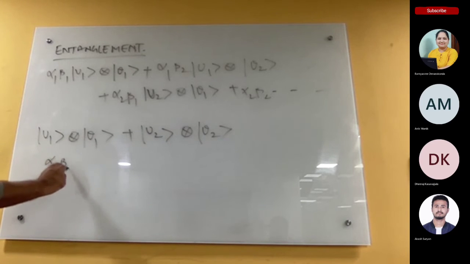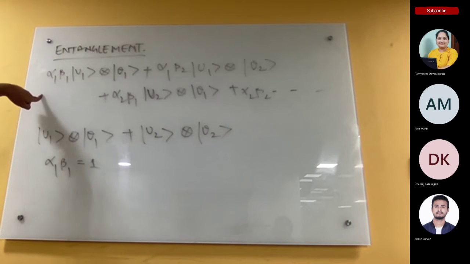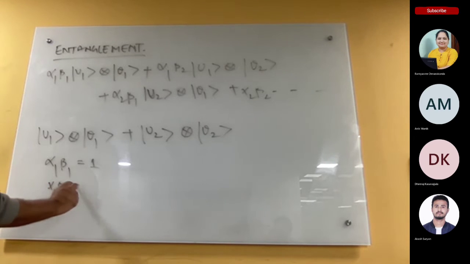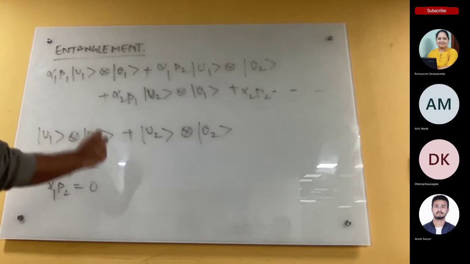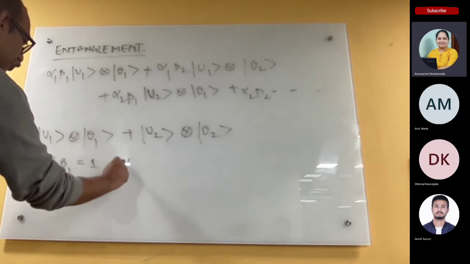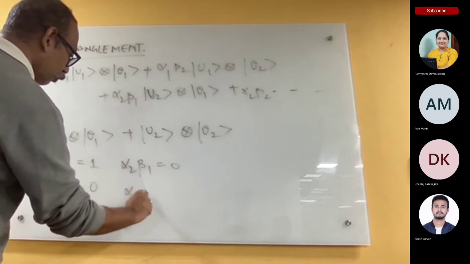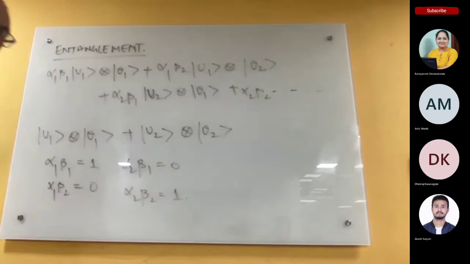Alpha 1 beta 1 should be equal to 1. Alpha 1 beta 2 should be 0. Similarly, alpha 2 beta 1 should be 0. And alpha 2 beta 2 equals 1. This is what you need for this to happen.